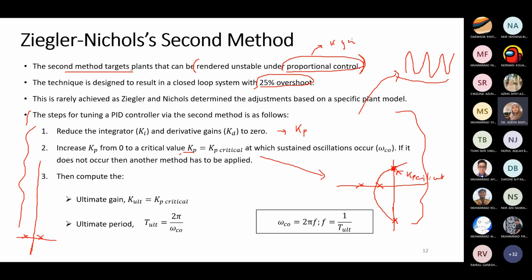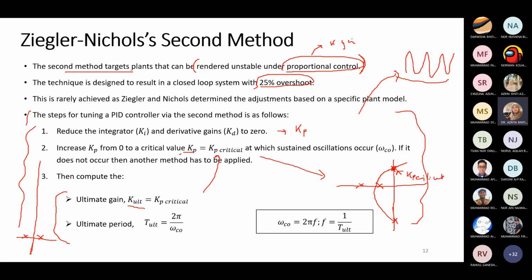Okay. So when we achieve the value of Kp critical, we can calculate two values, which are the ultimate gain and the ultimate period. The K ultimate is very simple: it is equal to the Kp critical.